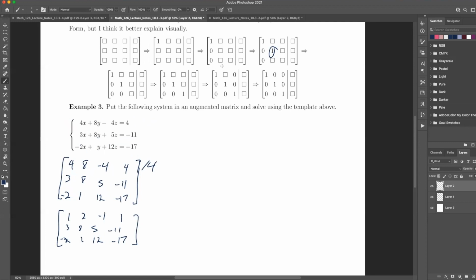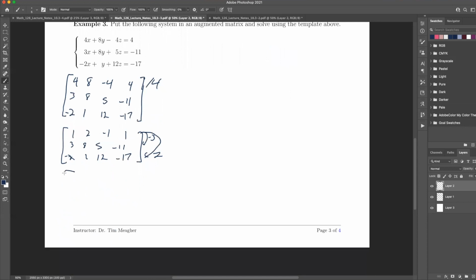The next one we want to do is this step. So in order to do this step, I'm going to take this row, multiply by -3, add to this. So basically whatever's here, just multiply a negative 3 by that, since this is guaranteed to be a 1. And so here's the 2, so I just want to multiply that by 2. Okay. And that should give us 0. So here, the first row is the same.